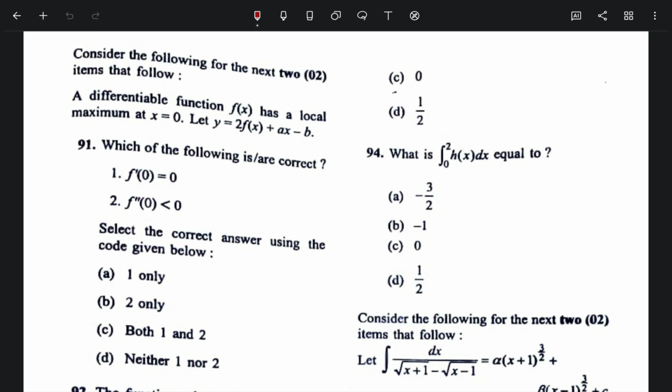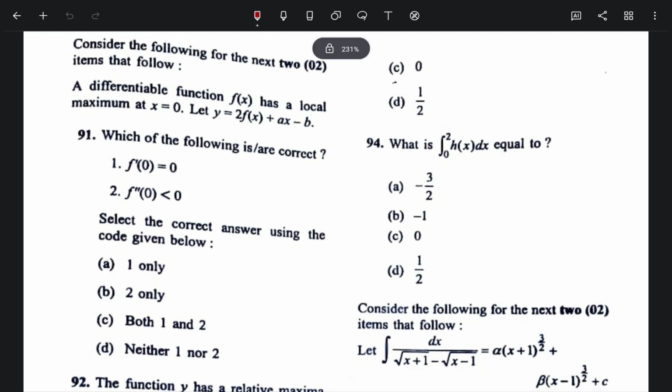So coming back to 91, again we have a problem from differentiation. So 91, the answer is C, both 1 and 2.